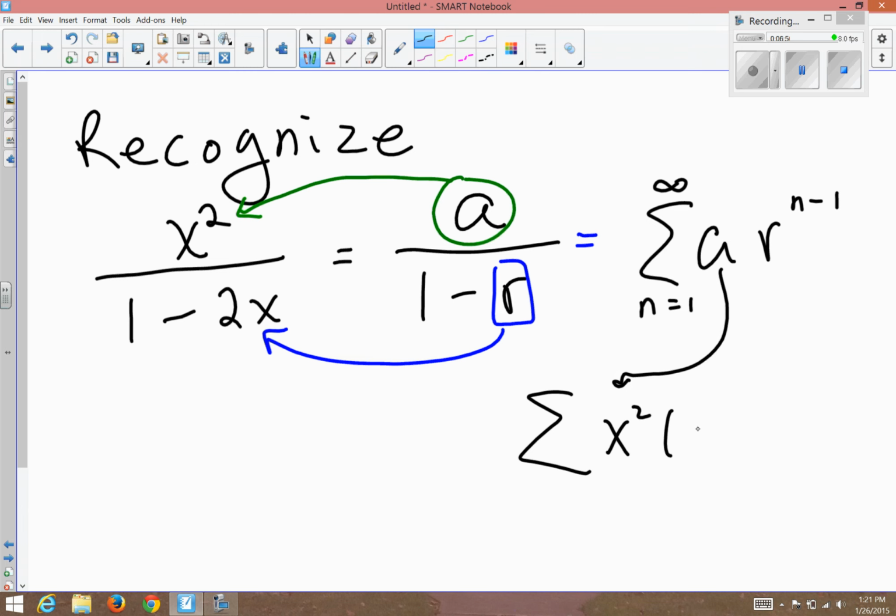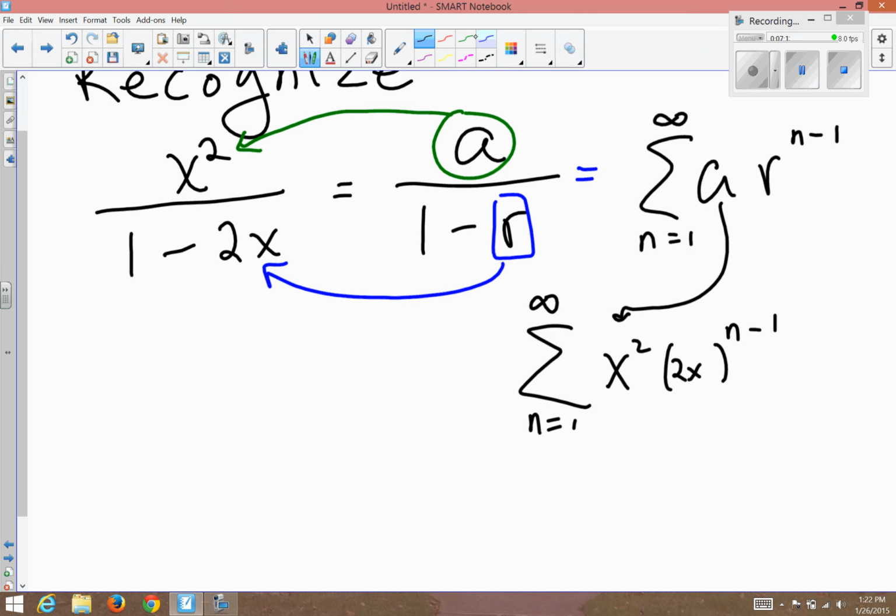Next to a, I'm going to put what r is, which in this example would be 2x. R is what's after the minus sign, not including the minus sign. And the n minus 1 is the exponent on that. That's a times r to the n minus 1. The n has to start at 1 and go to infinity. So we would call this a correct answer. Right here, I'll put yellow around it.